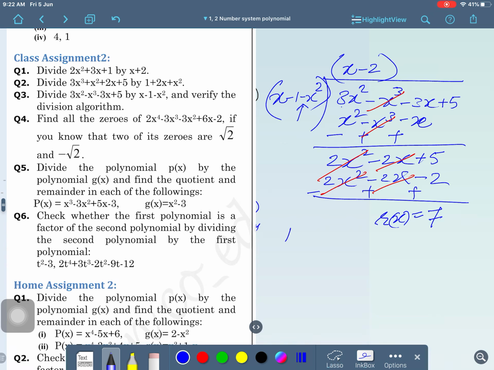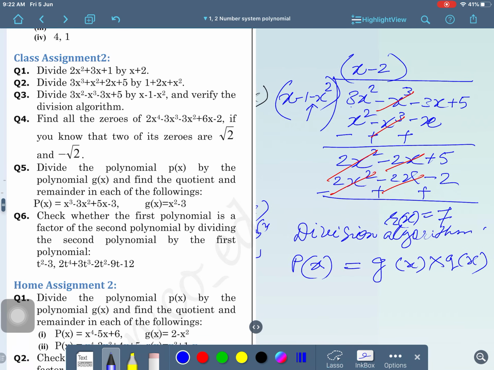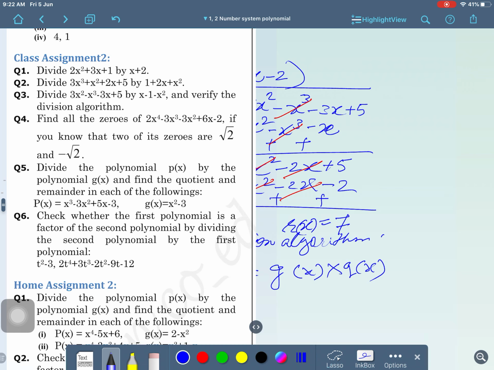So, what is the division algorithm? Division algorithm: P of x is equal to g of x into q of x, plus r of x.